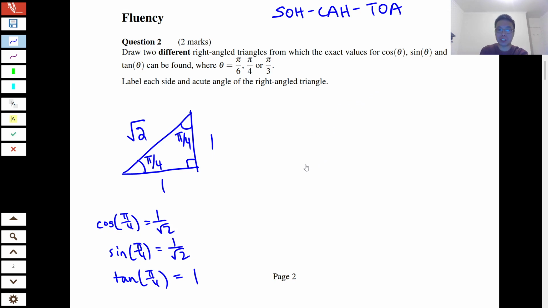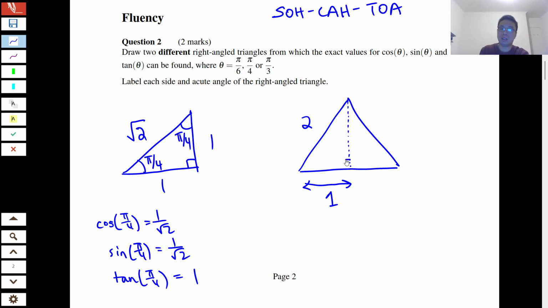And then the approach was to consider an equilateral triangle with side lengths of 2, which is split in half down the middle to give me a side length of 1. The 60-degree angles are pi on 3. Split that in half to get pi on 6.